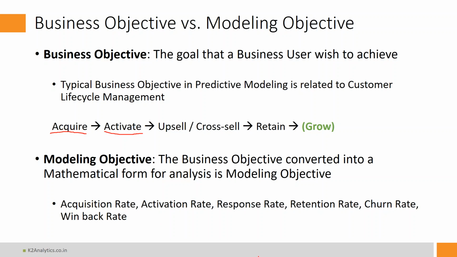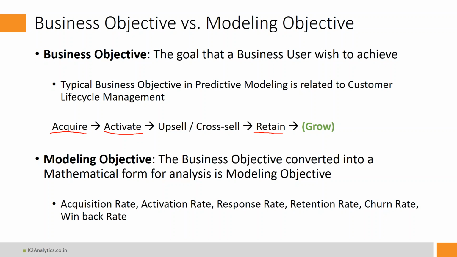Once this is the business objective, the next element is to convert that objective into a modeling objective. Now what is a modeling objective? Let me take an example of retain, from telecom. A business user says that I want to reduce churn.